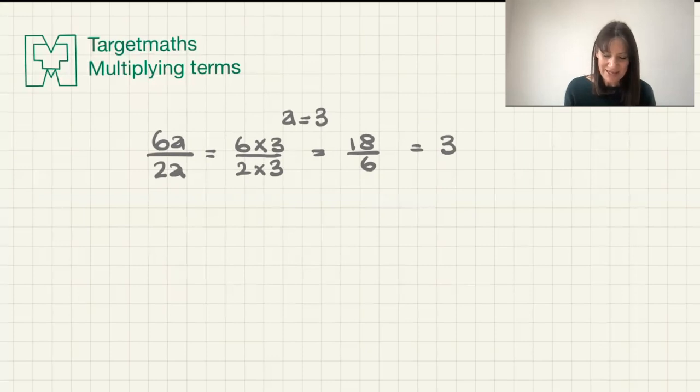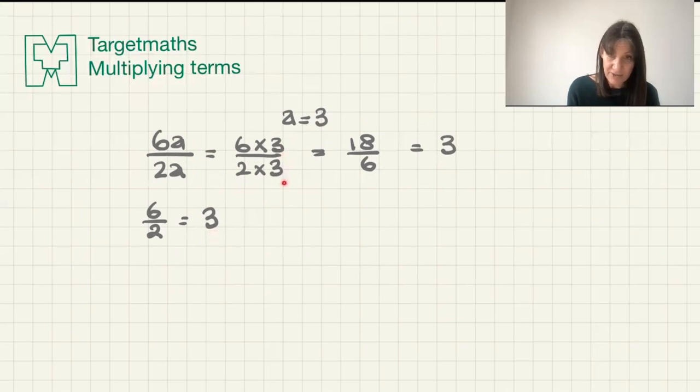Now, if I go back to this, 6 divided by 2 is 3. What's actually happening is that these A's, which we turned into 3's, are almost cancelling themselves out. I don't need them to get to that final answer of 3.